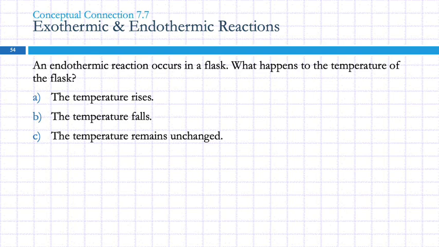So we know the endothermic reaction, is heat going to go into the system or out? In. If heat's going into the system, where does it come from? The surroundings, from the flask. If I'm pulling heat out of the flask, is its temperature going to go up or down? It's going to go down, right? So the temperature of the flask will fall.